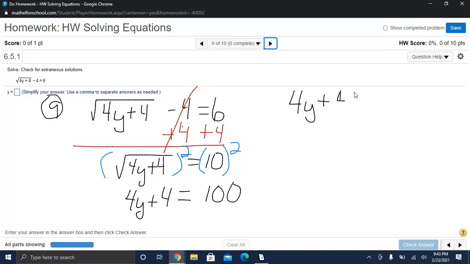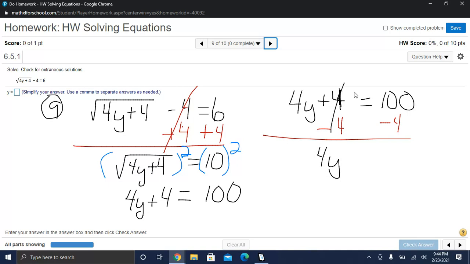So 4y plus 4 equaling 100, I can subtract 4 from both sides, which will give me 4y equaling 96. And then I can divide both sides by 4. And y will equal 24. So 24 would be my final answer for that problem.